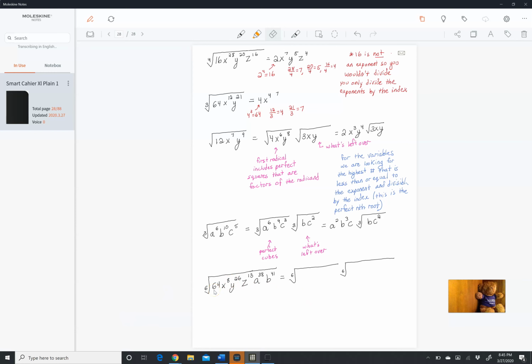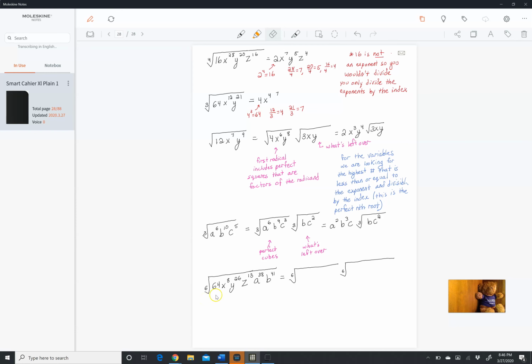So 64 is actually a perfect 6th root. 64 is 2 to the 6th power. So if you know that 2 to the 5th is 32, you might be able to see right away that 2 to the 6th is 64. Otherwise, you kind of have to just experiment. You have to do 2 to the 6th, 3 to the 6th, 4 to the 6th. Now, exponents grow very, very quickly.